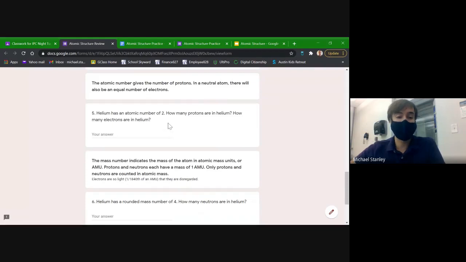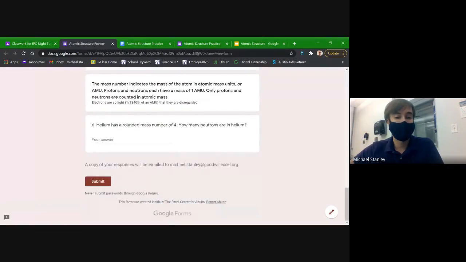One thing to pay close attention to on number 5 is that it asks about both protons and electrons. So make sure that for Wednesday's homework, you have both protons and electrons listed out for number 5. There were a lot of people last term who missed that part and only put one or the other. So make sure you put both for number 5, and then the neutrons are in number 6. And again, that will be the homework going up tomorrow for your Wednesday assignment.